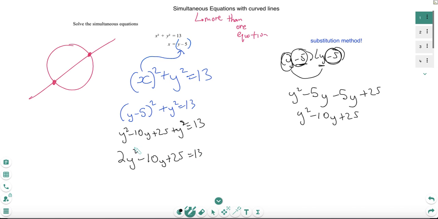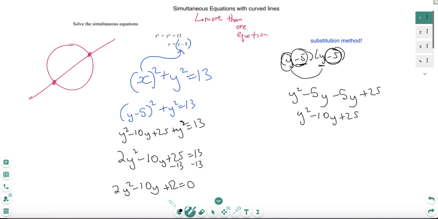We have a quadratic: a squared term, a single letter term, and a constant. Whenever we have to solve a quadratic, make sure the other side is 0. So we'll subtract 13 on both sides. We have 2y squared minus 10y plus 25 minus 13, which is positive 12, equals 0.